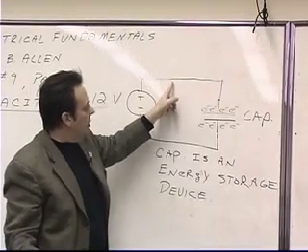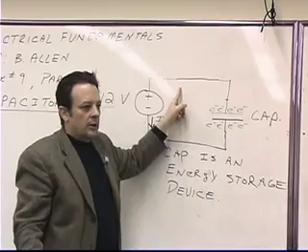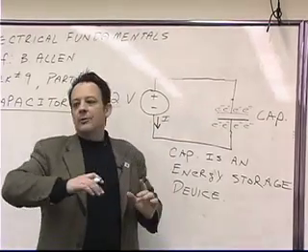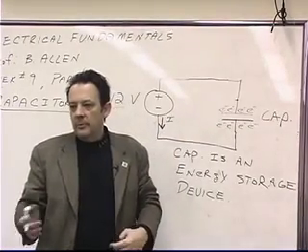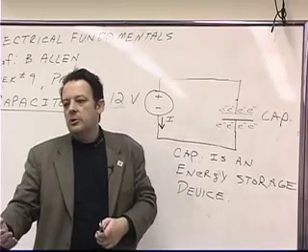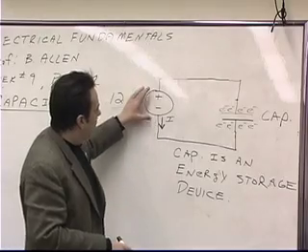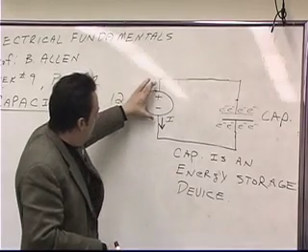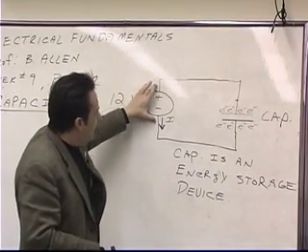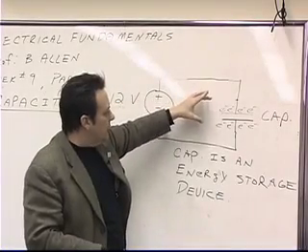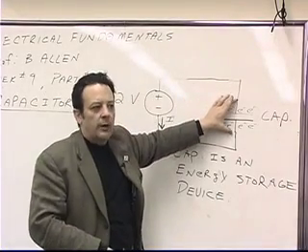So once we close the switch, now we have what's called a transient phenomenon. Something that's going to change real fast and then stop changing. The reason is because we've got 12 volts across the battery, and at the instant the switch closes, we've got 0 volts right here.